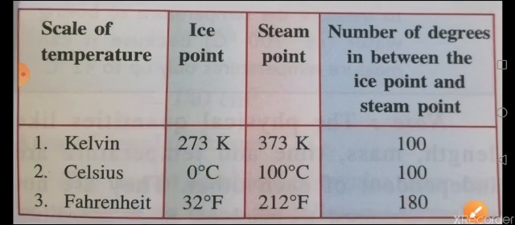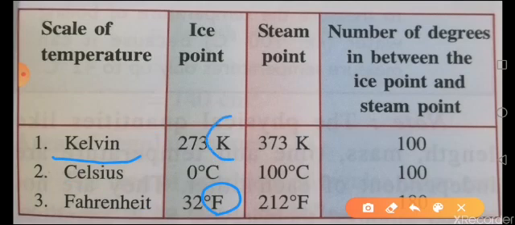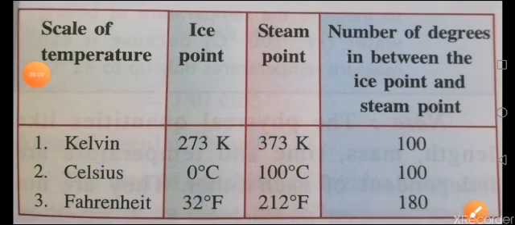Now when you talk about Fahrenheit scale, like your Celsius scale, it can be written as degree Fahrenheit, and it is also named after a scientist, Gabriel Daniel Fahrenheit, right? Now you have one more scale of temperature, that is the Kelvin scale. If you notice, when you write the symbol for Kelvin, you will not write degree Kelvin, you will simply write Kelvin, right? It is also named after the scientist Kelvin. Clear?